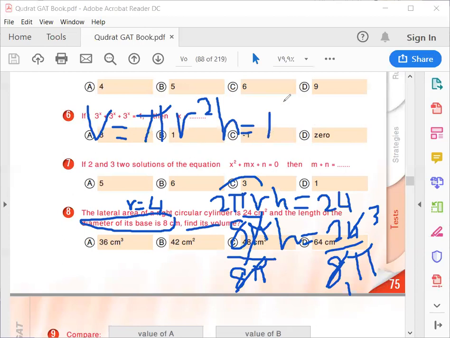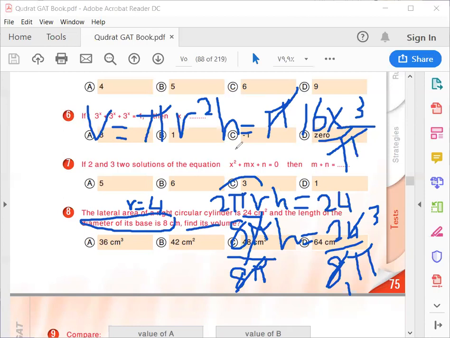So by, I put it here, by R square, and square it here, 4, it is 16, right? Then multiply H equals 3 over by. You can simplify it, by and by, it's gone.